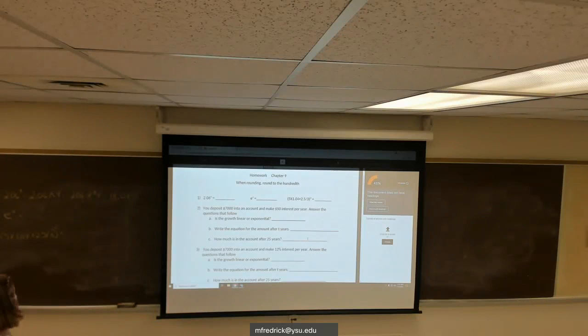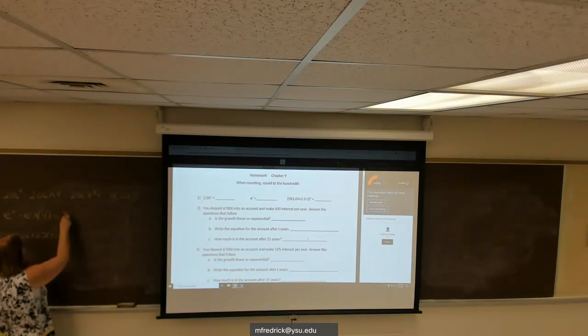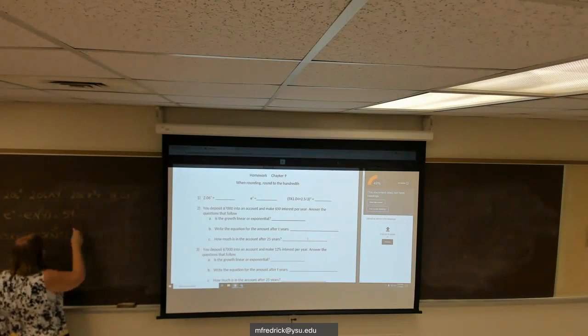So second on the LN button will bring up E and a caret, unless you have a TI-84, then it just puts it right up in the exponent. And then you put your 4 and close the parentheses, and you should get 54 point something.